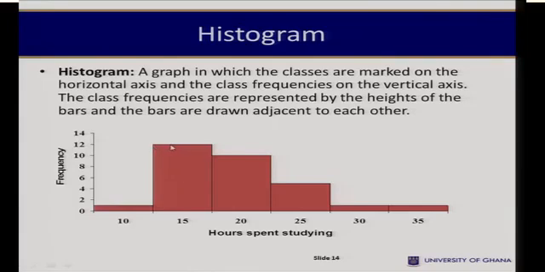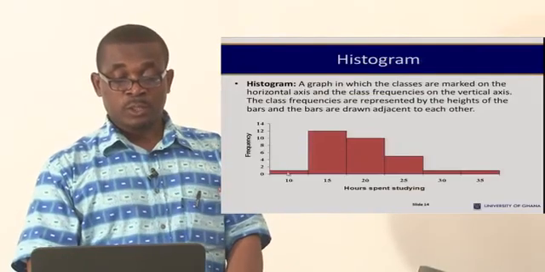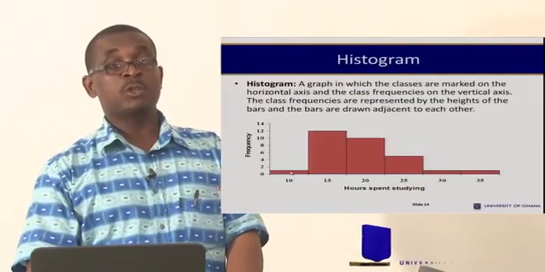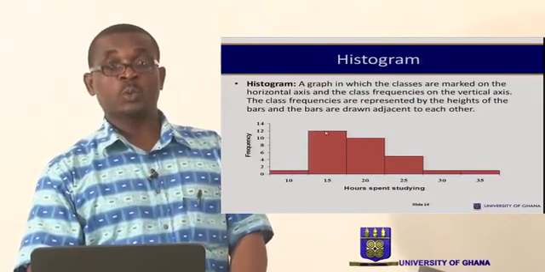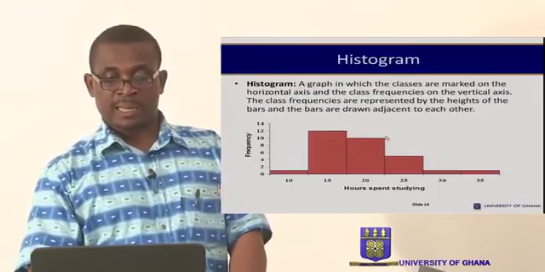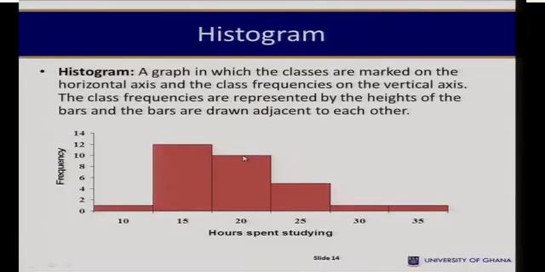So the height of this bar is equivalent to 12. And these bars in the histogram must be adjoining. So this height is equivalent to 1, the frequency in the first class. This height is equivalent to 12, the frequency in the second class. This height is 10, the frequency in the third class, and so forth. And this is how you depict a histogram.